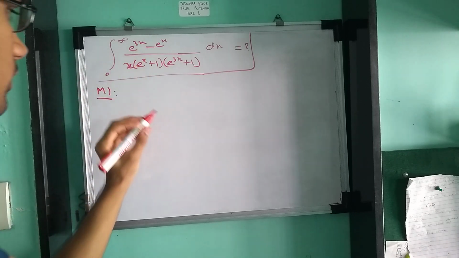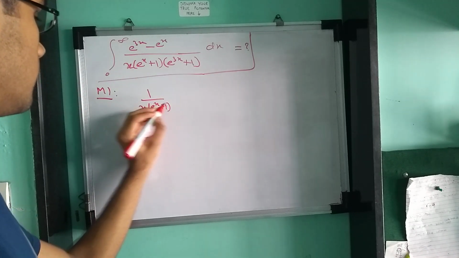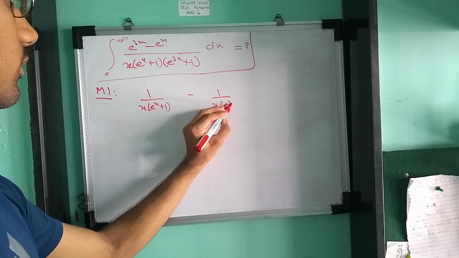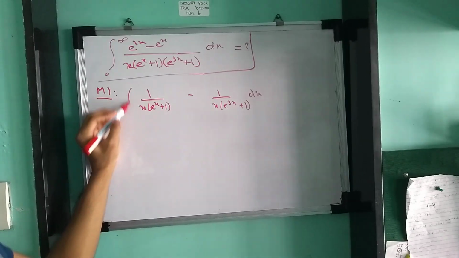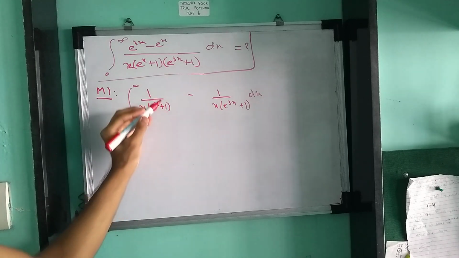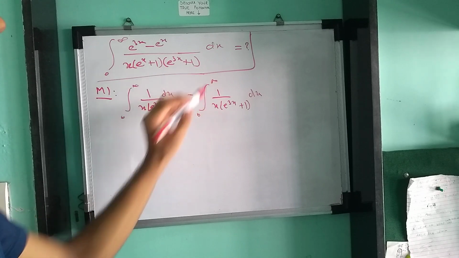That yielded me 1 by x into e to the power x plus 1 minus 1 by x into e to the power 3x plus 1 dx integrated from 0 to infinity. Right? Now I can break that into two integrals by writing it as this.